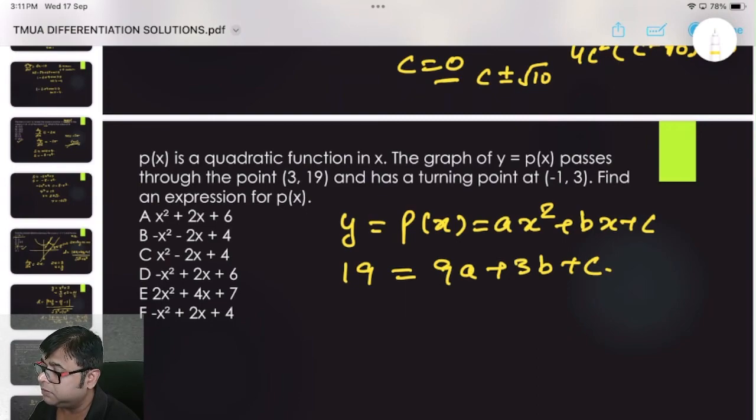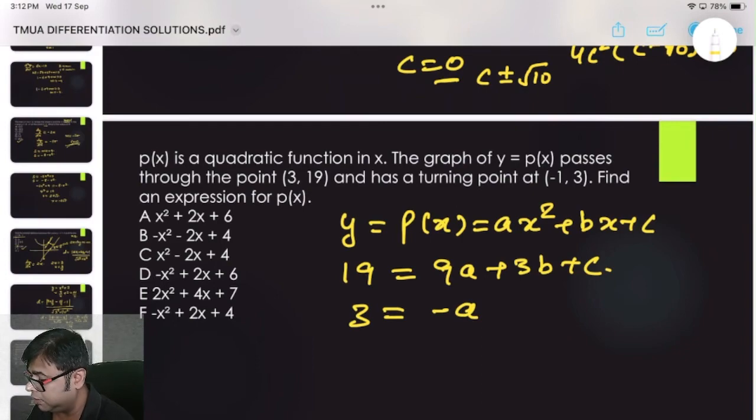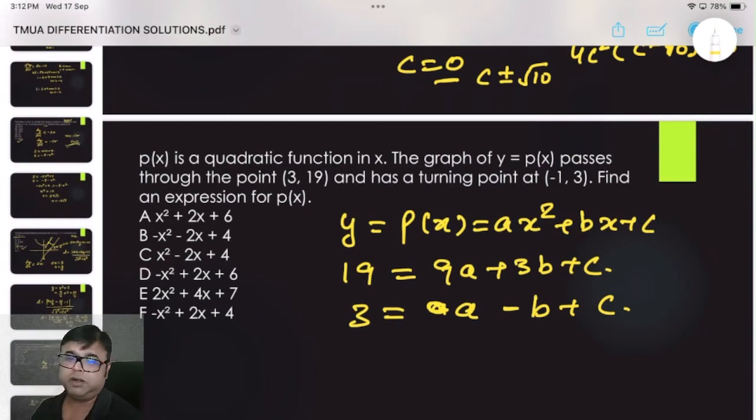And the turning point is minus 1, 3. So if I put minus 1 in place of x and 3 as y, this turning point will also lie on the curve. Turning point again is the point of maxima or minima. So 3 is equal to a minus b plus c. So this is the second equation.